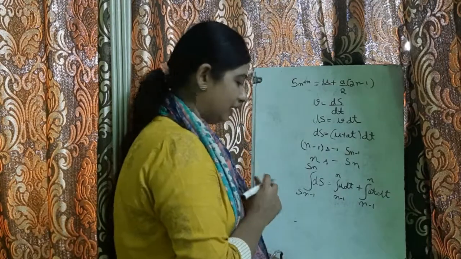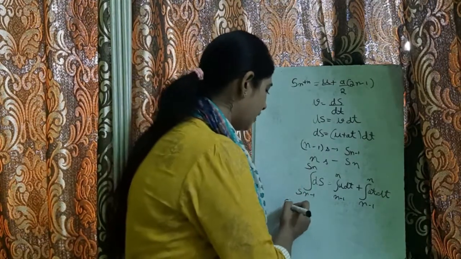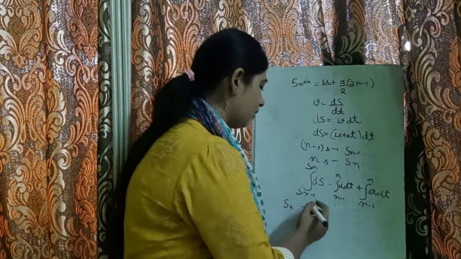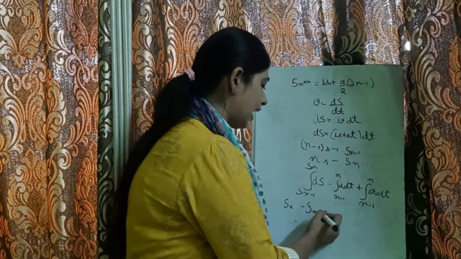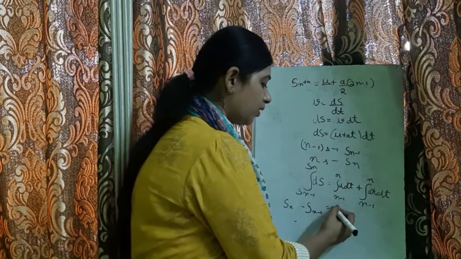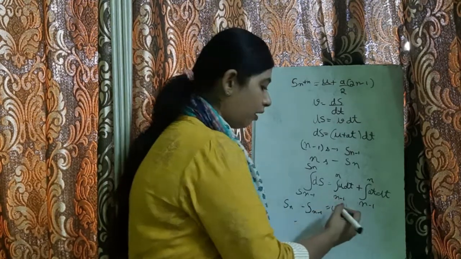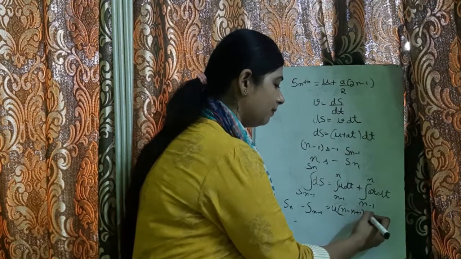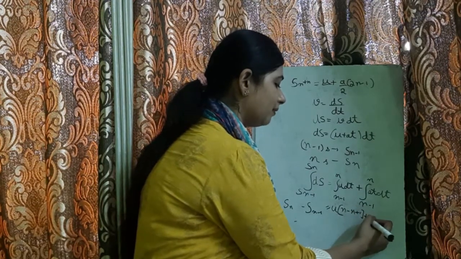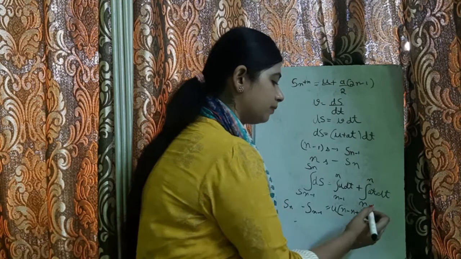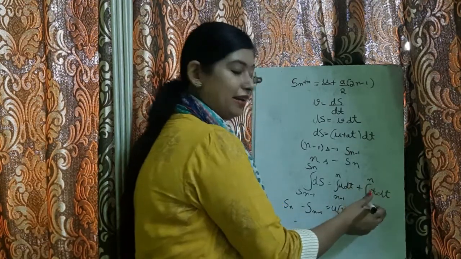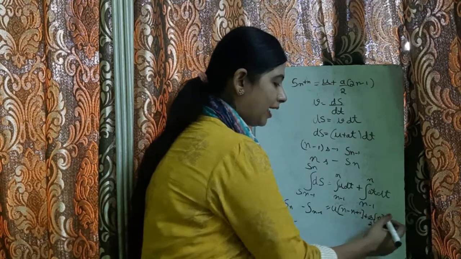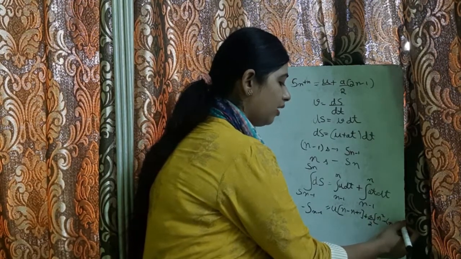So when we open this, we get Sn minus S(n minus 1) is equal to, u is a constant so it will come out, n minus n plus 1, plus a upon 2, and here we will have n square minus (n minus 1) whole square.